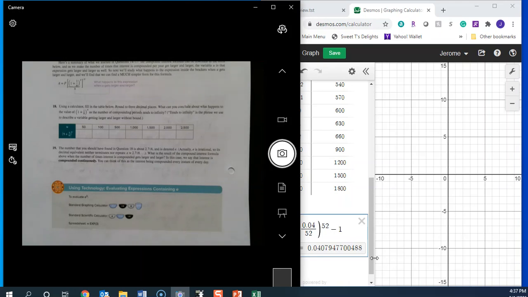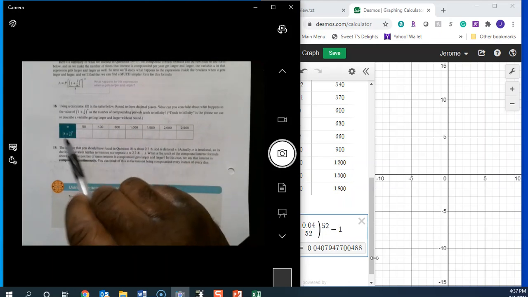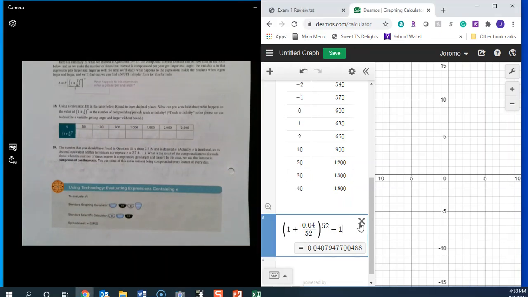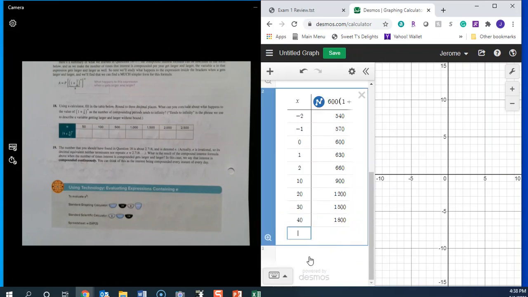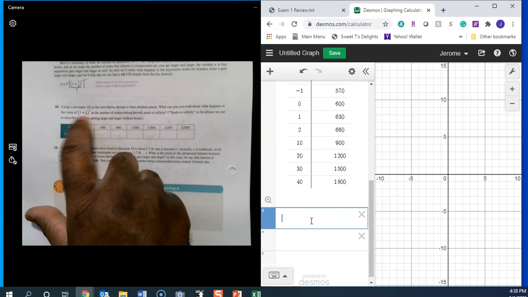Now, if you notice here, they tell us u and they give us values for u, and then they give us the formula here. Again, I often say we could put this in Desmos and make this a lot easier so we don't have to calculate this all by hand. So what I would suggest is we could make these u's be x's.